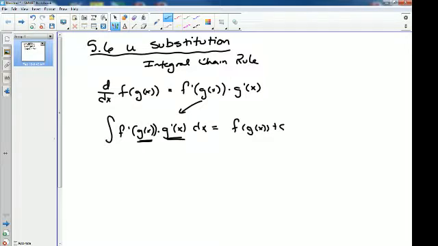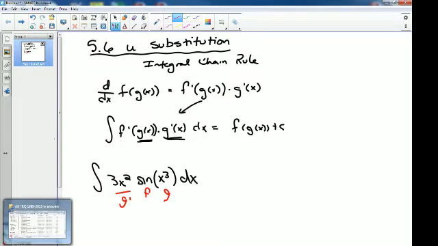So if I give you something like this problem, you see that g and g prime of x, where are they? Yeah, g is here, the derivative is here, and we have a chain rule, and this would be f, right?